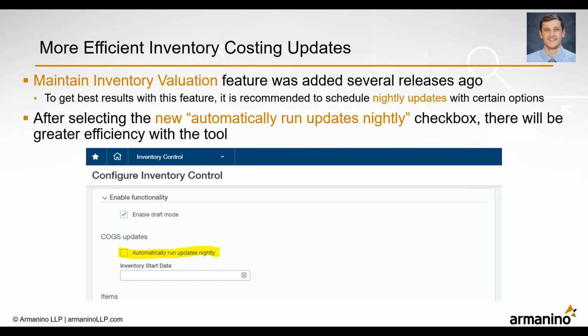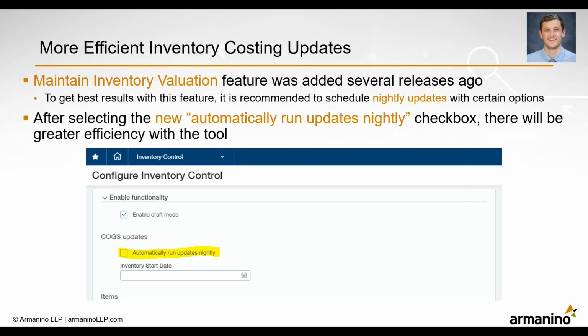And now in this update, to get best results when using this feature, it's recommended that you schedule nightly updates with these 3 options. 1, using an as of date that was either when you first started using Sage Intacct or the inventory control application. 2, updating the costs and inventories in the inventory subledger and the internal cost tables in both your open and closed periods. And 3rd, updating the GL with recalculated COGS in your open periods.